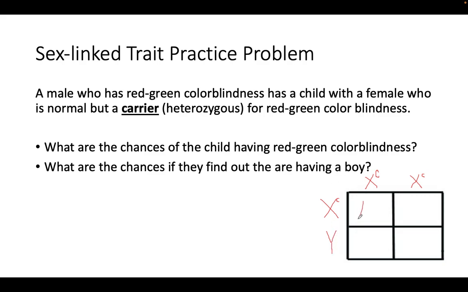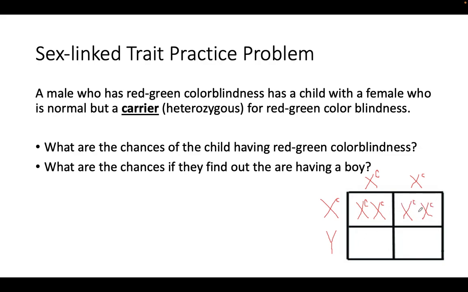If you go ahead and cross these, you're going to have the big C from the mom up above. We're going to have the little c from the dad. And we'll have the little c from the mom.